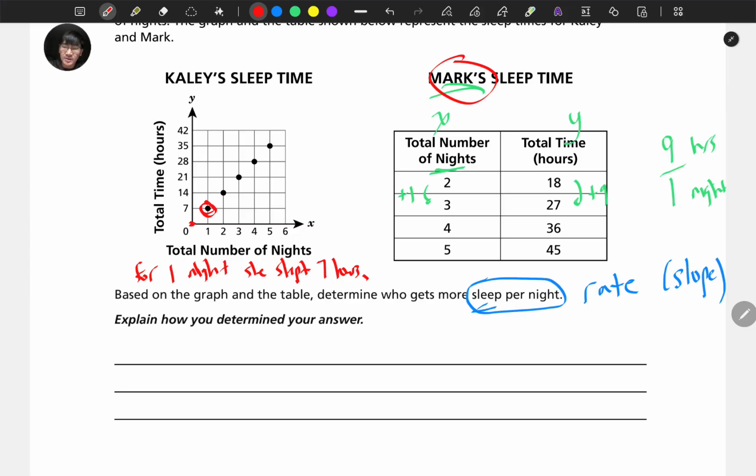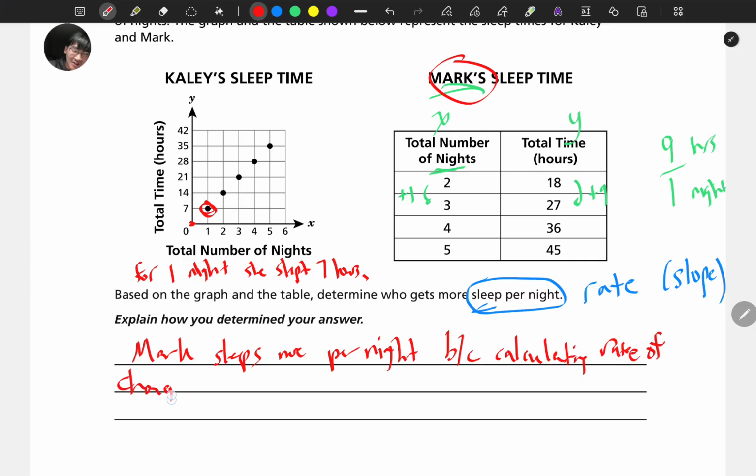Okay, so we say Mark sleeps more per night because calculating the rate of change, I don't want to write all of this, this is boring. Rate of change, we get the slope to be 9 over 1.